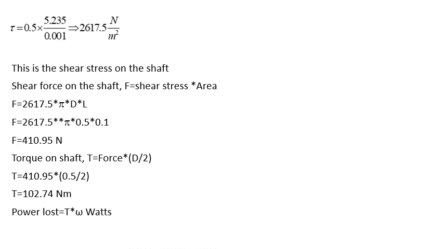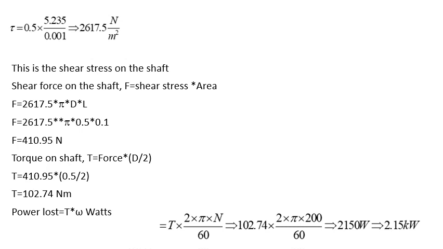So now what is the power lost here? The power lost is equal to the product of torque into omega, in watts. Omega is calculated by using the formula 2 into pi into N by 60.